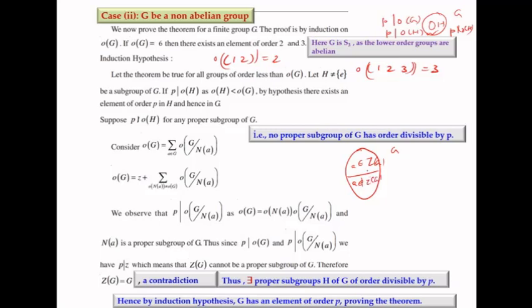Whenever A belongs to Z, we have n of A to be the whole of G. When G is finite, the order of n of A is the order of G.